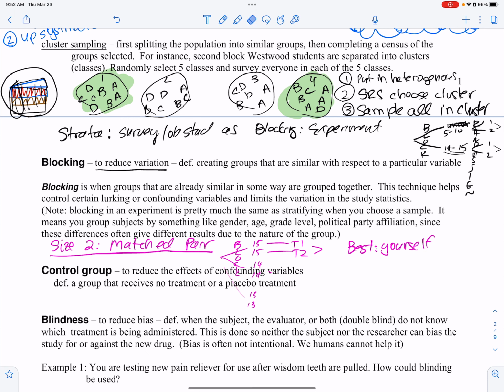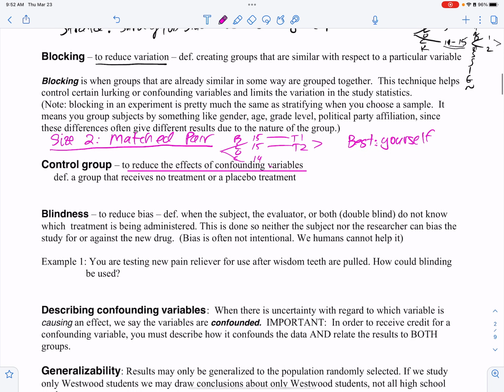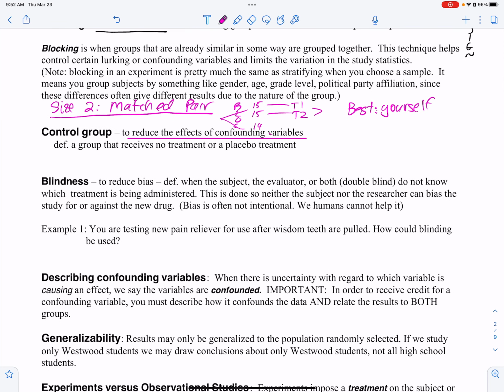Okay, so the control group, the whole point of a control group is to reduce the effects of confounding variables. So let's jump down to what a confounding variable is. When there's an uncertainty which variable is causing the effect, to receive credit, you have to talk about how it confounds the data that relate to the results to both groups.